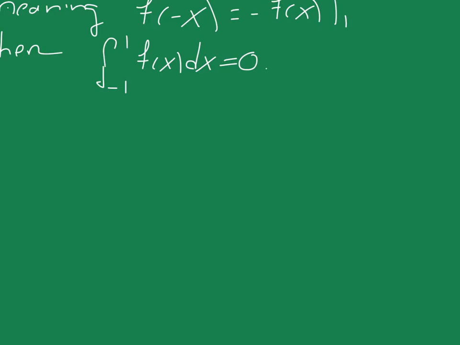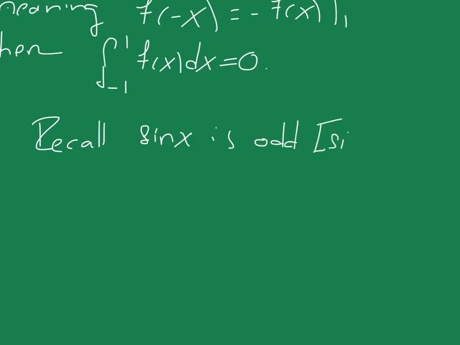Well, for this, just recall that, in fact, sine x is an odd function, meaning sine of minus x is always equal to the negative of sine x. Well, if you want to recall why, it's just like this.